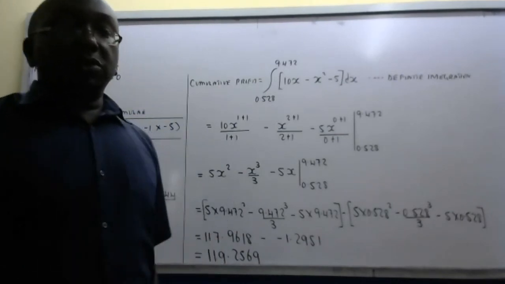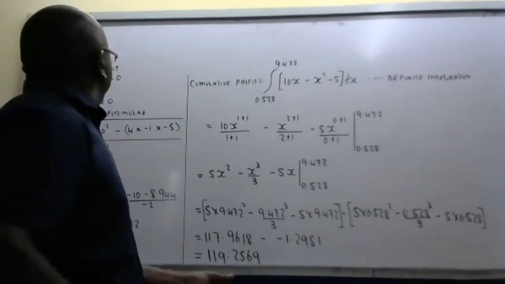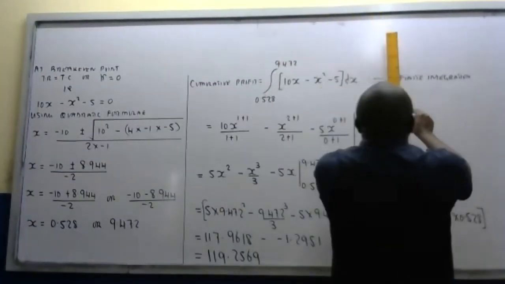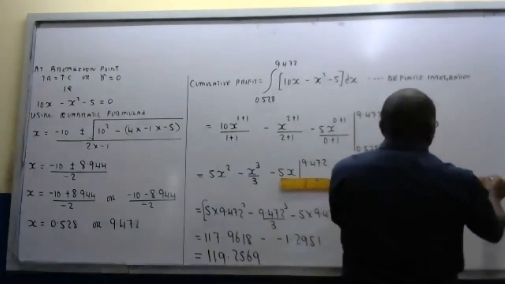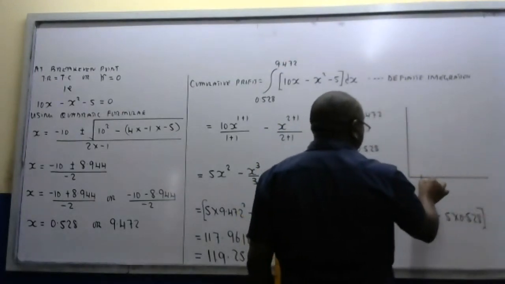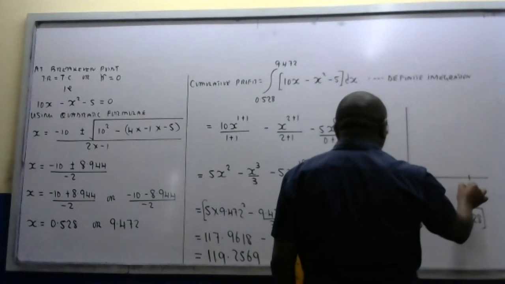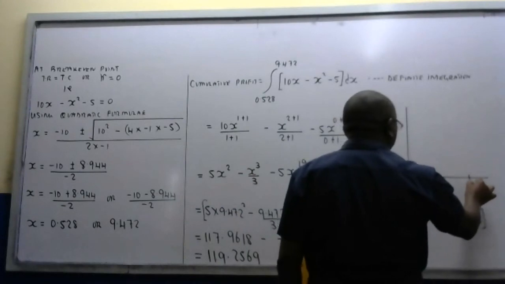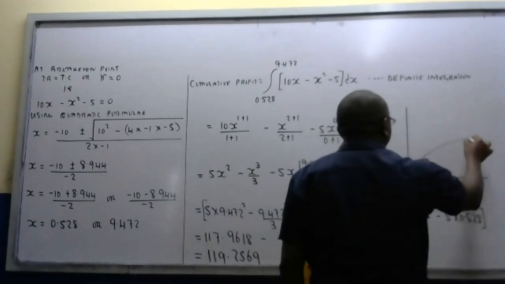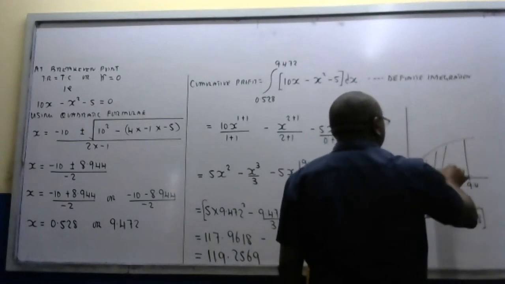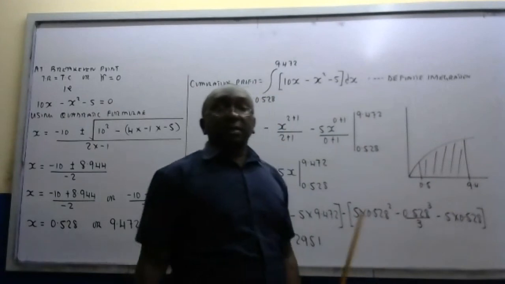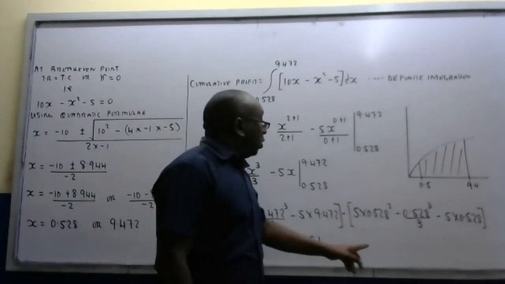The profit between, maybe for illustration purposes, what we are talking about looks like this. Here is 0.5, and here is 9.4. So the function looks like this, and we are looking for this region.